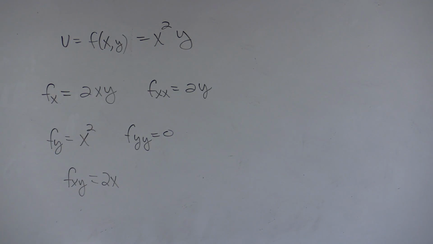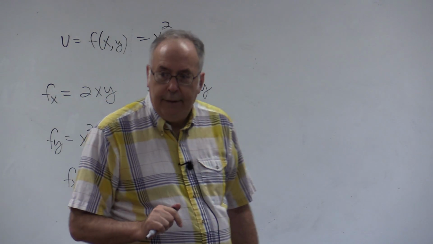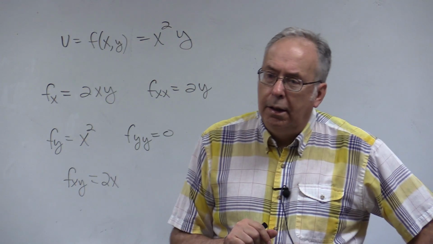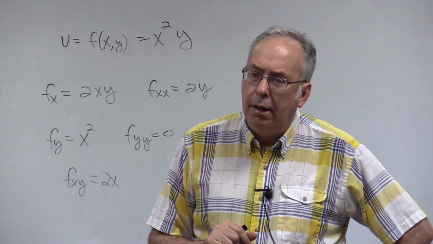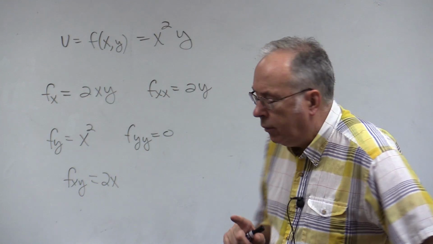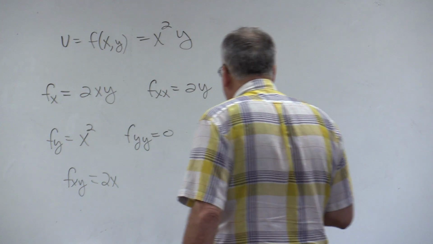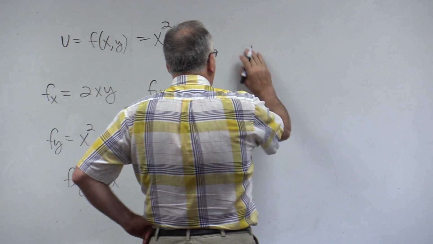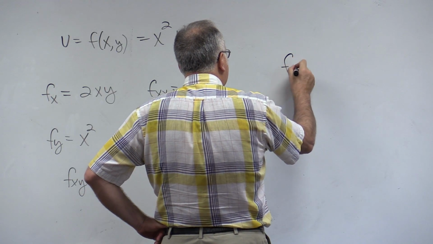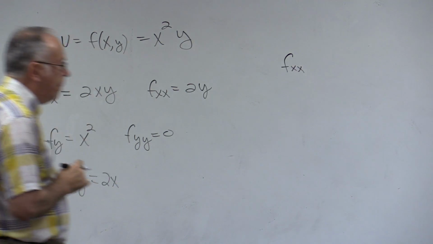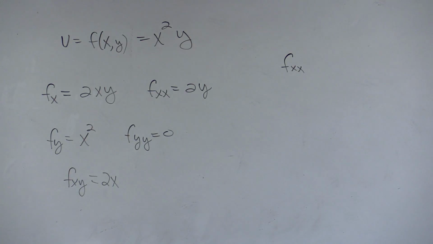Now, how can you use those second derivatives to look at concavity? I know it's been a while since we talked about the conditions for concavity. Isn't it the relationship between the square of f sub xy and the product of f sub xx and f sub yy? Right. To show that this function is concave, first of all, what would we want f sub xx to be?